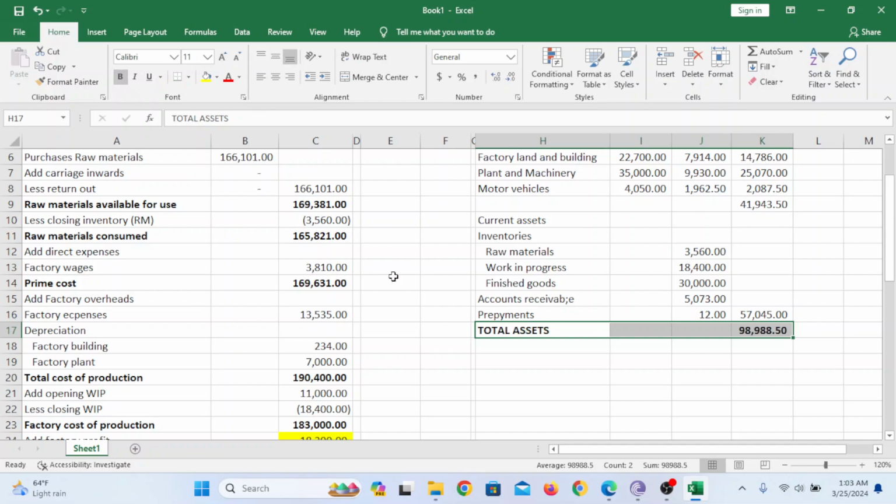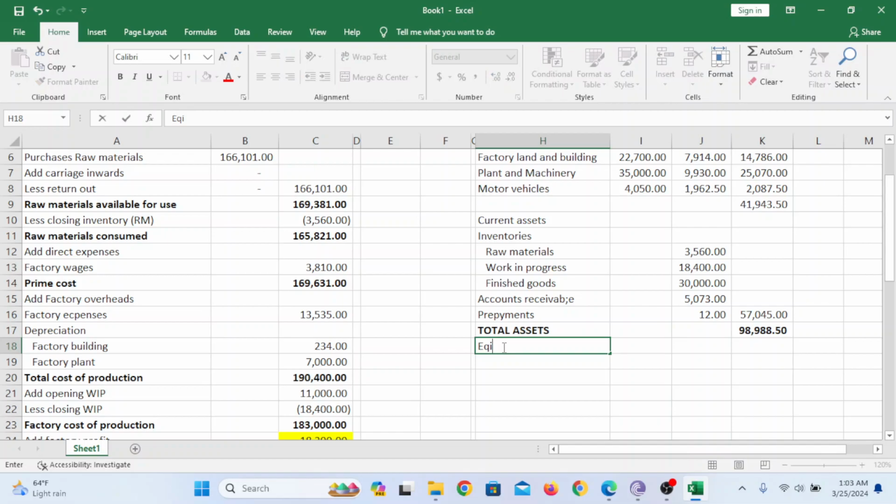The other side should balance on the same. So this side is for equity and liabilities.